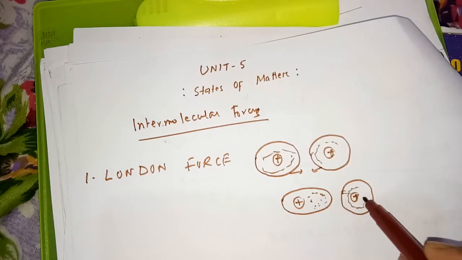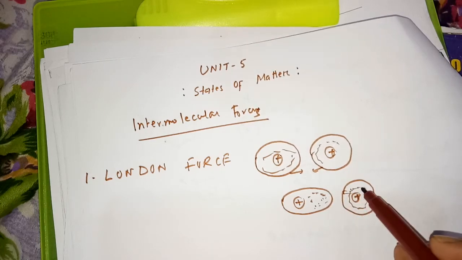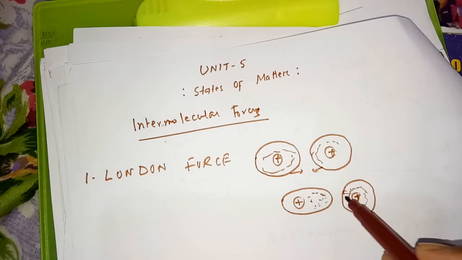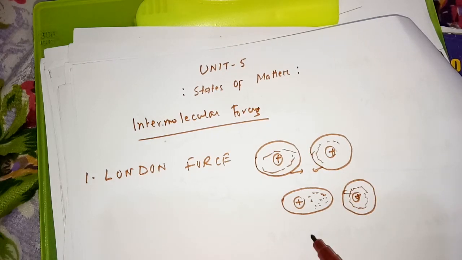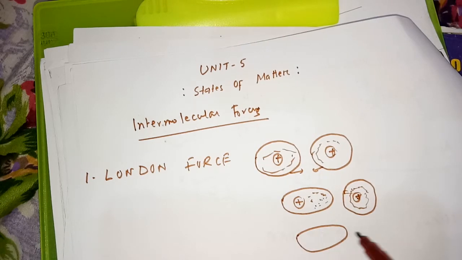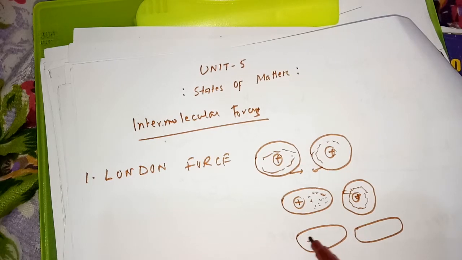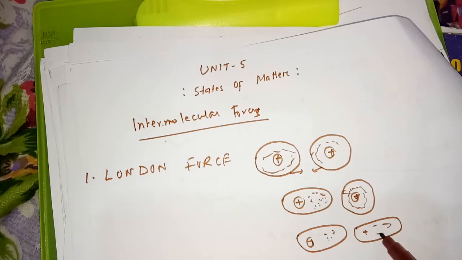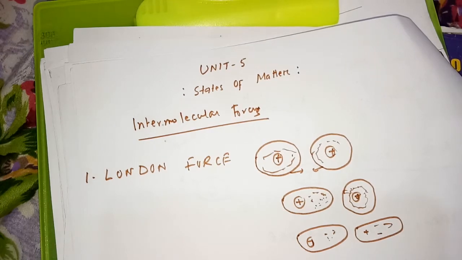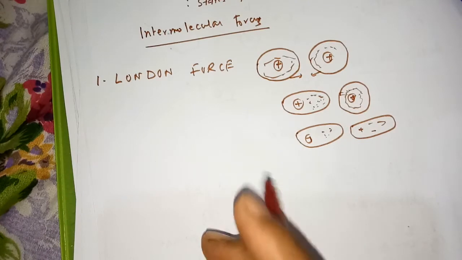In that case, what will happen? The electron of this one repels the electron of this one, and the electron of this one attracts the positive charge of this one. So both of them become dipolar like that. So in this case, there is a force that exists between them. It's called London force.